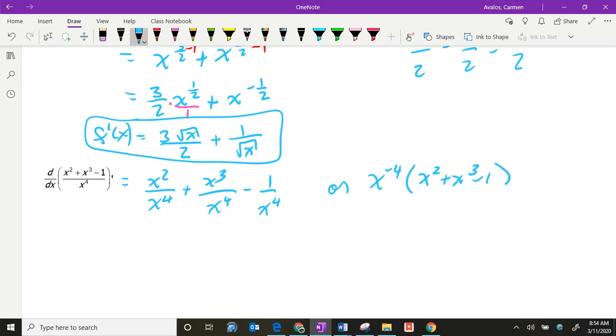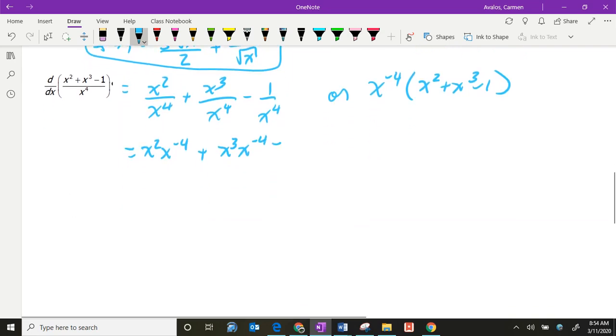Either way, you're going to get the same answer. So the next thing that you would do is you would have x squared, x to the negative 4, plus x cubed, x to the negative 4, and then x to the negative 4. And when you distribute, you're still going to get the exact same thing.